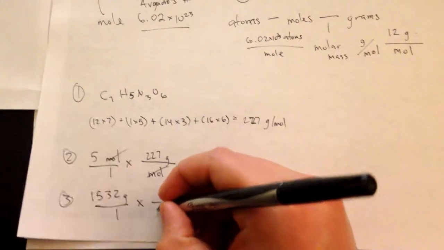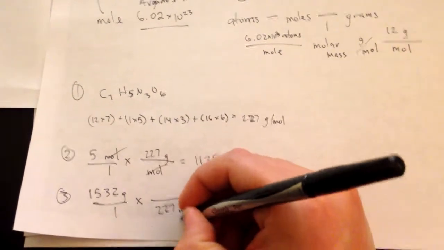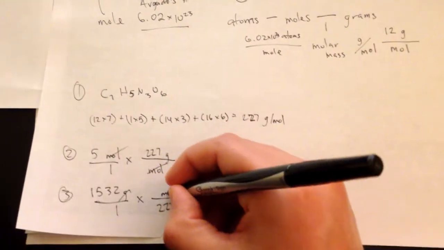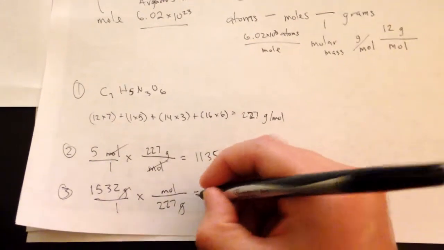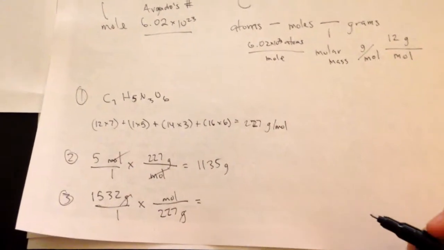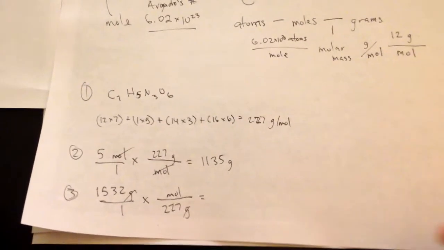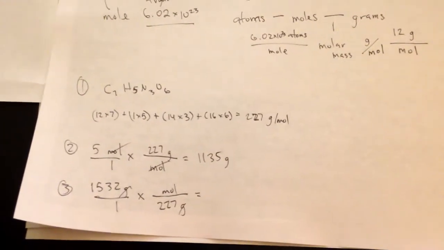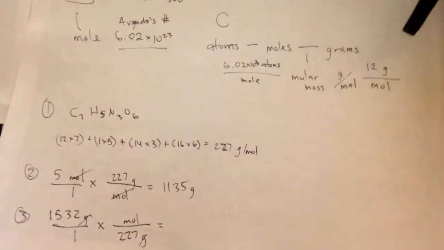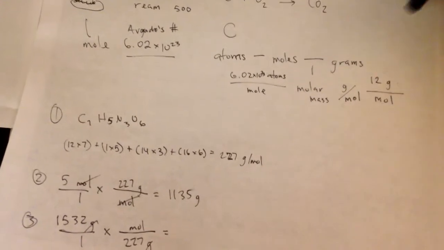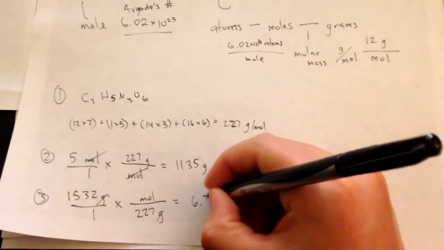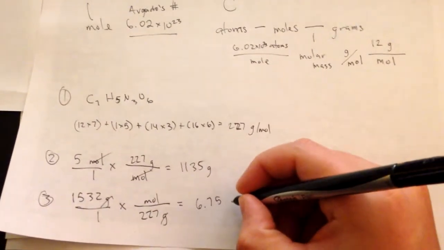But this time we're flipping it, because we have to line up the units. And then you get moles. It just ends up being a division. Let me punch that into the calculator here: 1532 divided by 227. Apparently it's 6.75 moles.